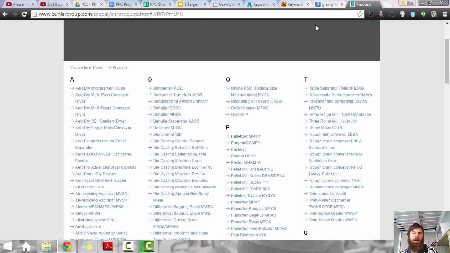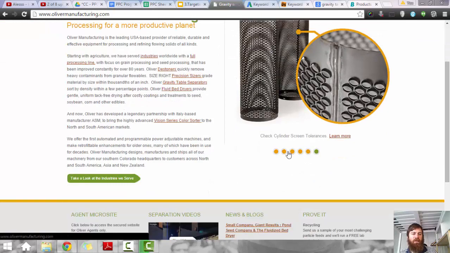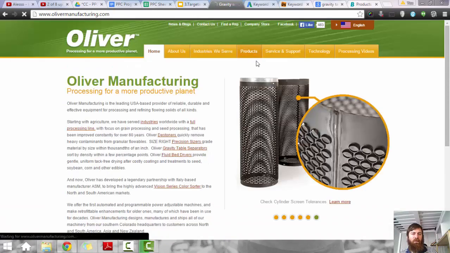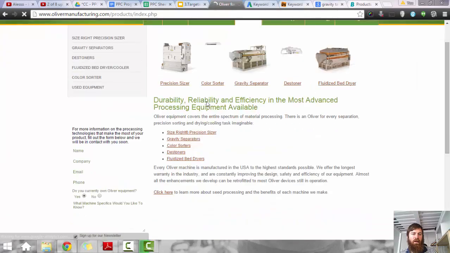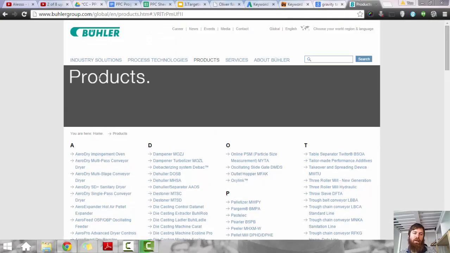Oliver Manufacturing, keep in mind, they only sell a few products. It seems to be their gravity separators, and they're about 5 products: bed dryer, destoner, gravity separator, color sorter, precision sizer. So this might not be their target market right here.